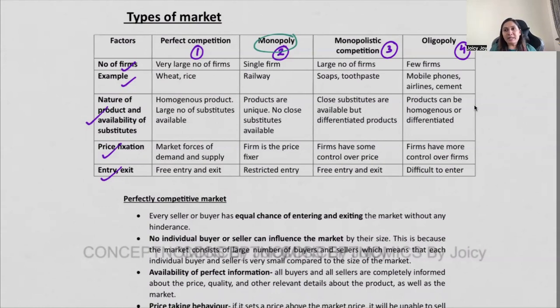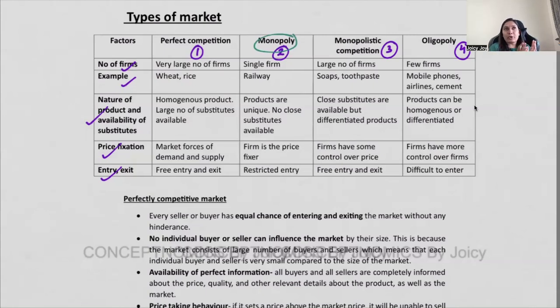Earlier, we had many sectors running under monopoly, for example telecom. We had only the government sector in telecom. Then the airline sector. Before privatization of airlines, we had only the government in the airline sector as well. But with globalization, we have started opening up the market and started privatizing. So we have very few monopolies. For example, atomic energy and railway are some of the examples of monopoly, and these monopolies are under the possession of government, not the private sector.